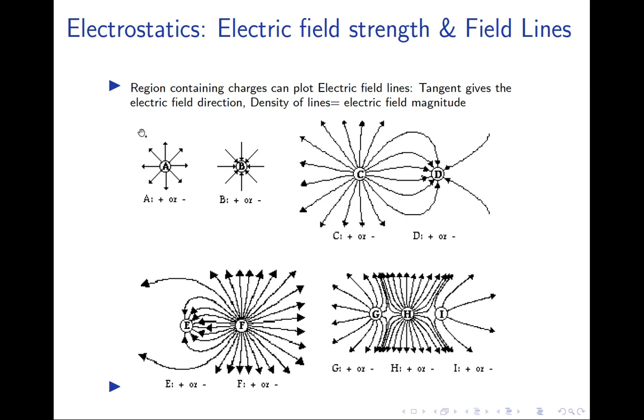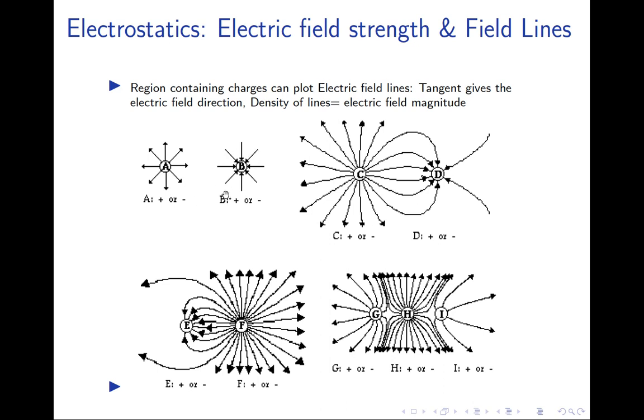As you move away from A, if you enlarge the circle, then the density of the electric field lines threading the surface will reduce. That is what we mean by the electric field away from the charge being weaker, because the lines become less and less dense.